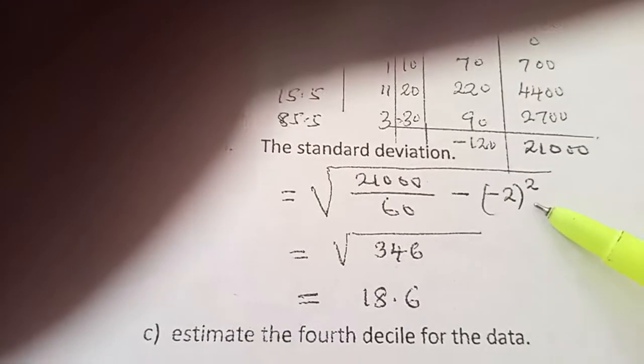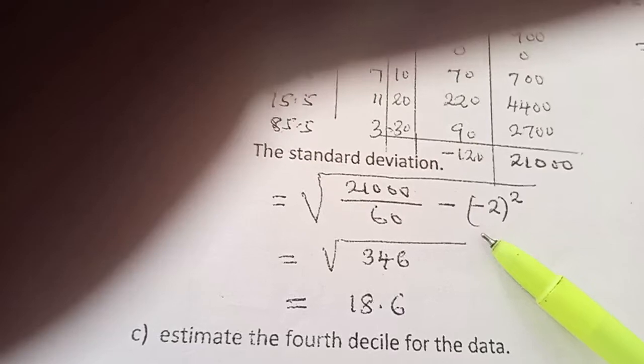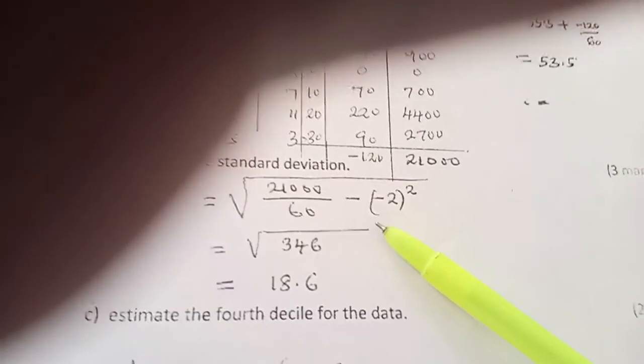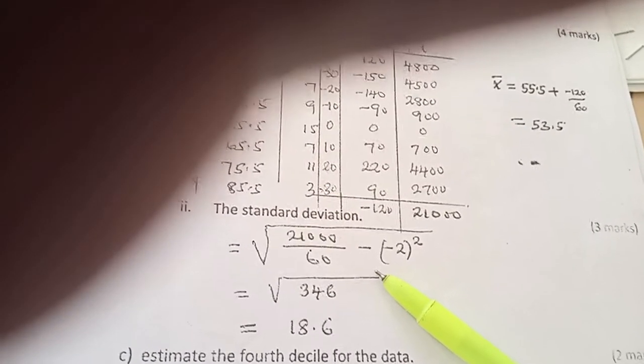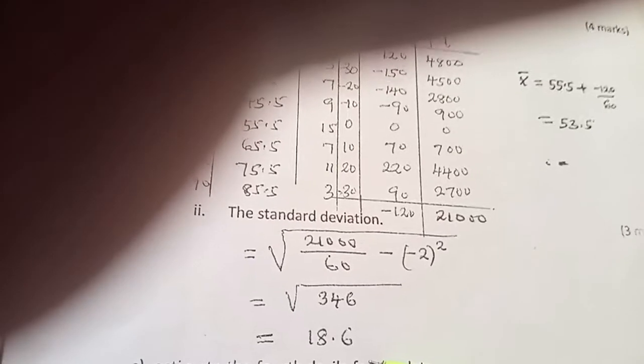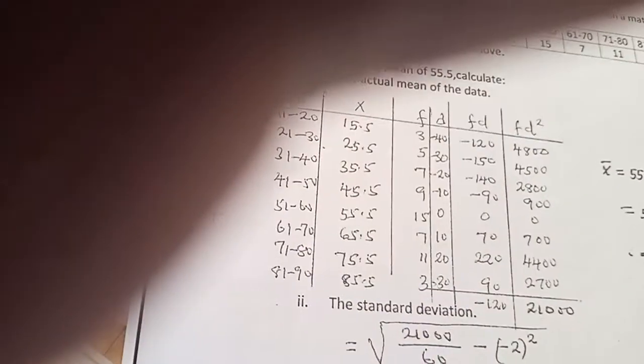Now down here, standard deviation. Standard deviation will take the summation of fd squared over the summation of f. You can see our total frequency down there is 60.